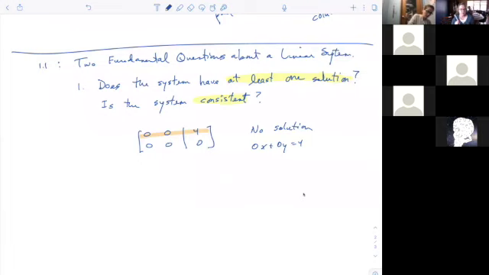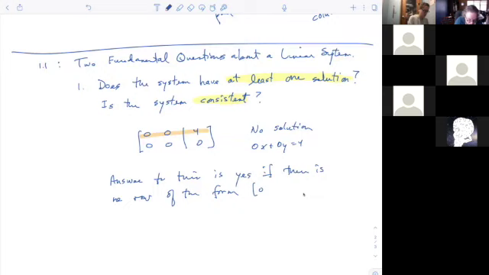So question number 1: does the system have at least one solution? The answer to this is yes if there is no row of the form 0, 0, not 0.